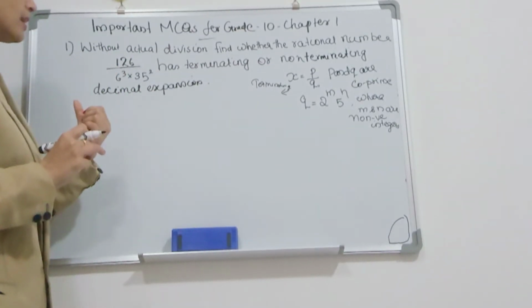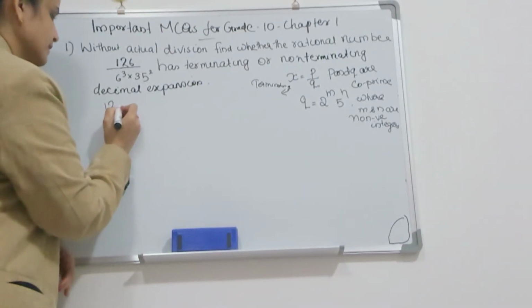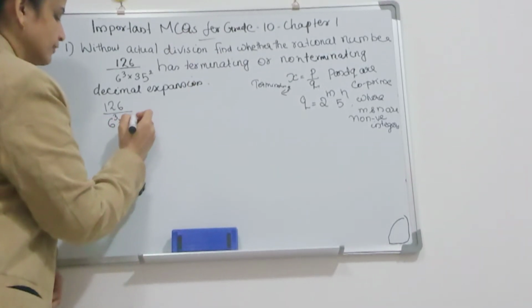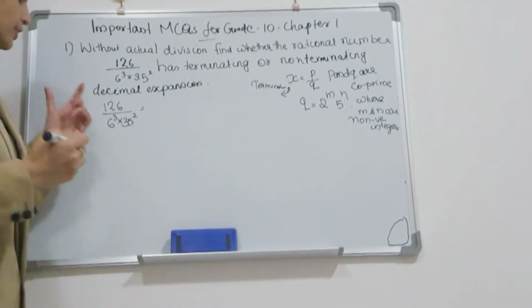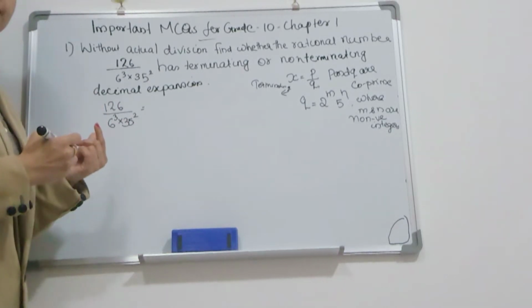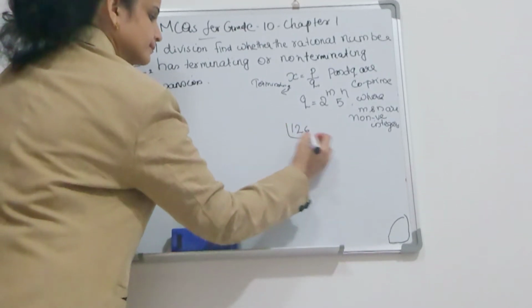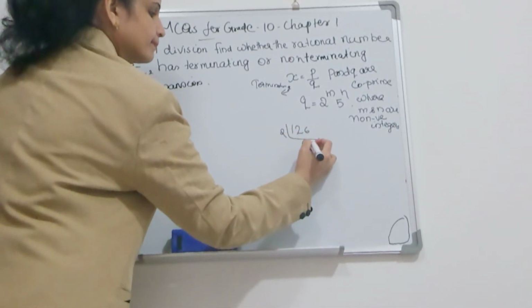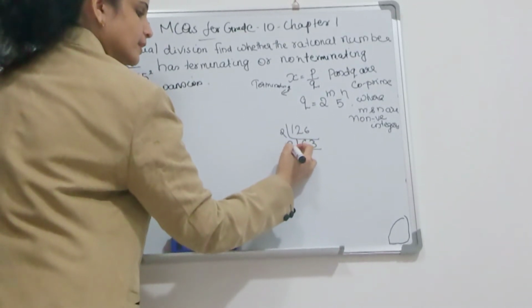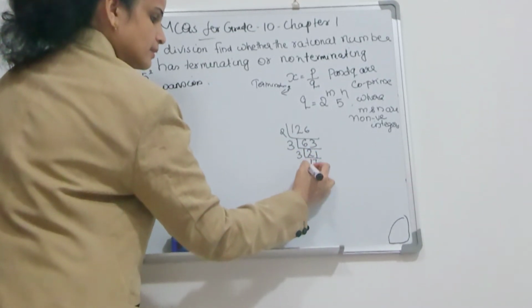Here 126. 126 is not a prime number. So first you write 126 by 6 cube into 35 square. First you check whether the numerator is prime or not. So here you got it as 126 is not a prime number. So 126 you can write as 2, 63, 3, 21, 3, 7, 1.